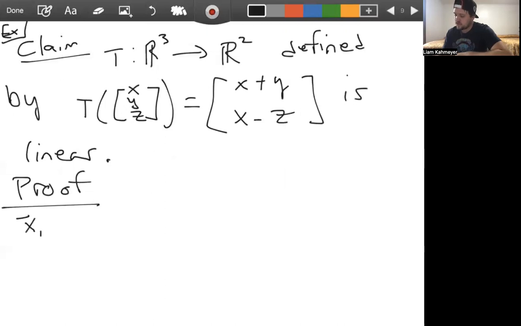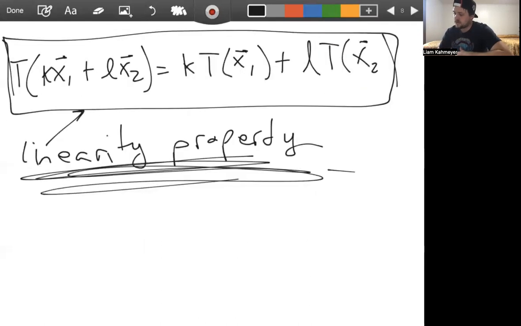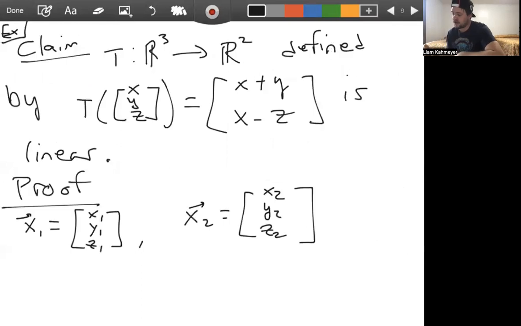Let's say x1 is the vector x1, y1, z1, and x2 is the vector x2, y2, z2, because we need those two vectors, and then we also need coefficients, scalars, k and l. Cool. So let's let those vectors be as follows, and then we'll let k and l be scalars.